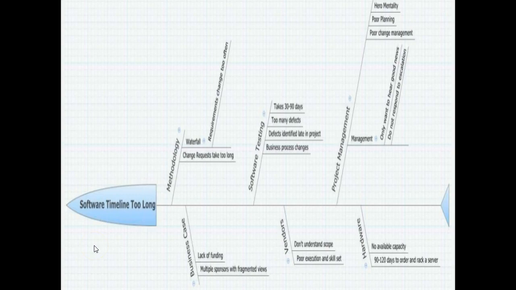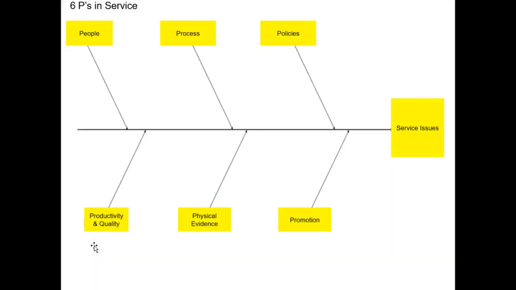Even when done backwards, the fishbone diagram works because there are many causes to a problem, not just one. Just remember that when you're doing fishbone, one of these categories is not going to blink at you, I am the problem. It is usually a combination of two or three smaller categories.